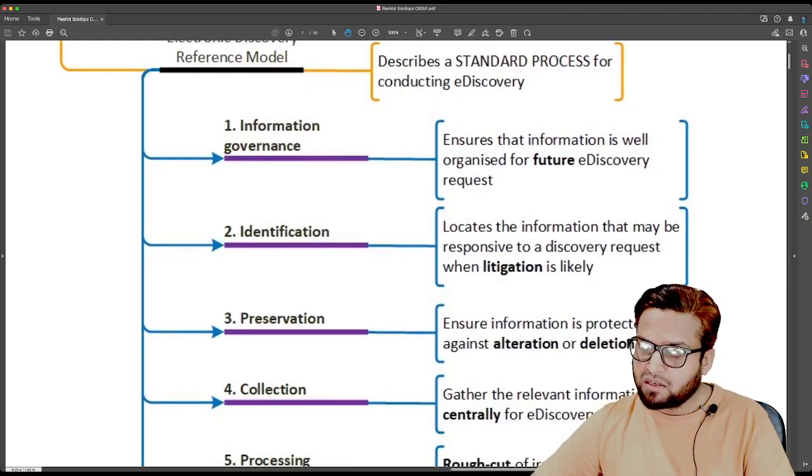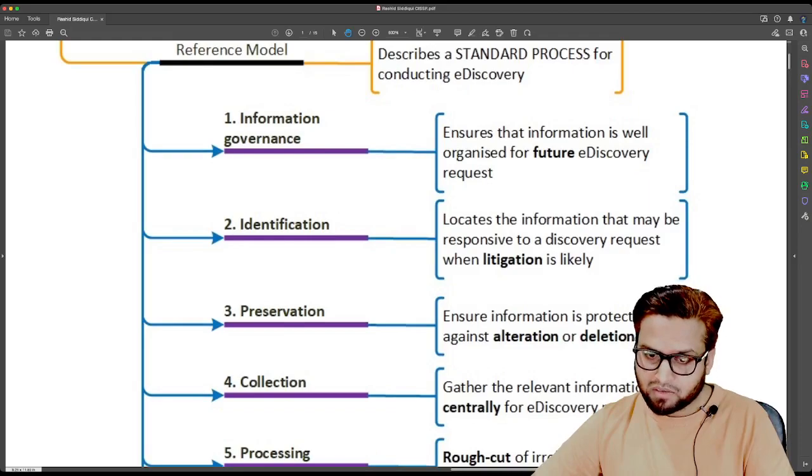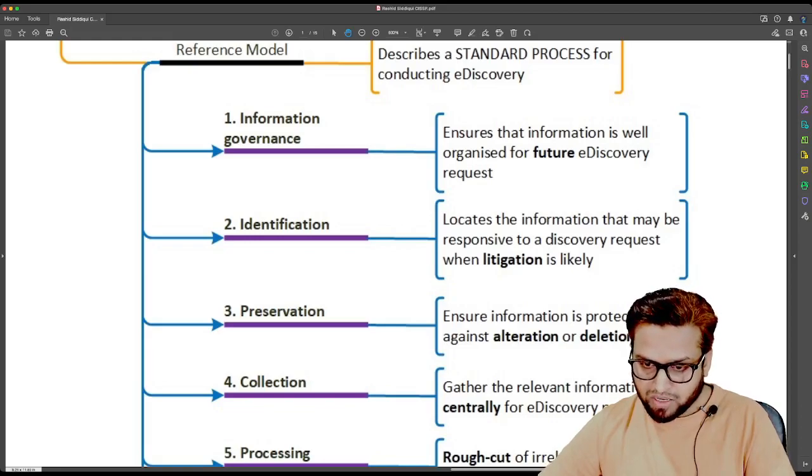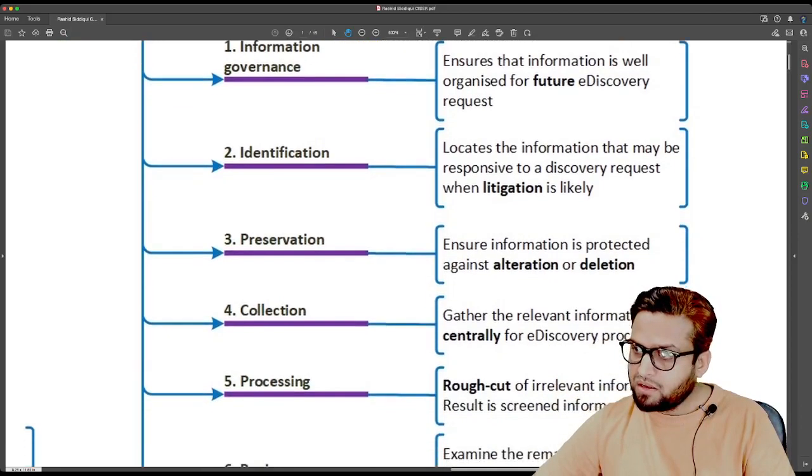I don't know why these are two steps, but since they are, the first step is that the data is organized for future e-discovery requests, in a good, presentable format, and identification is what data can be asked for or used in the e-discovery process, right?